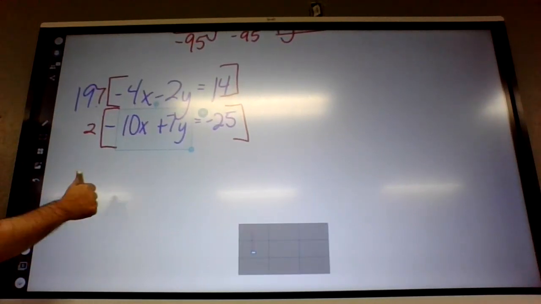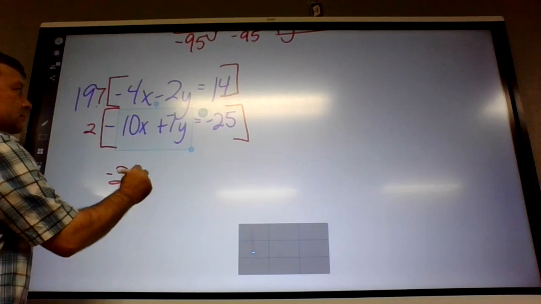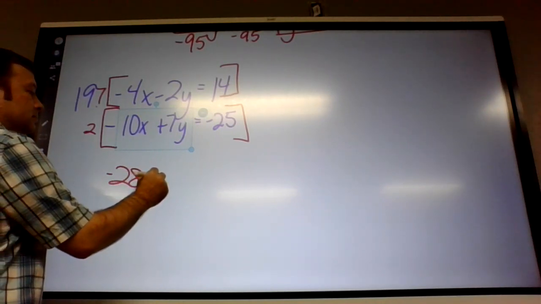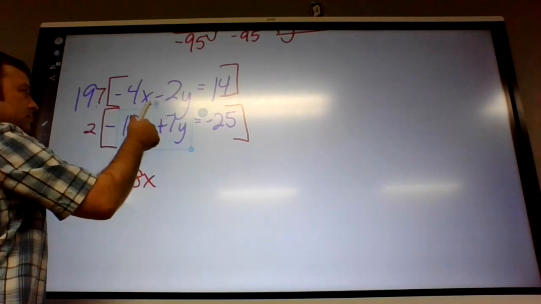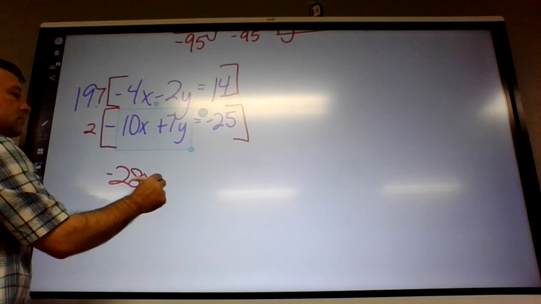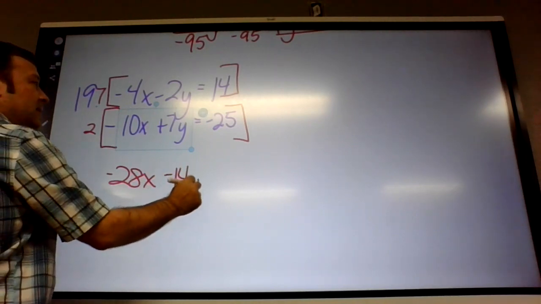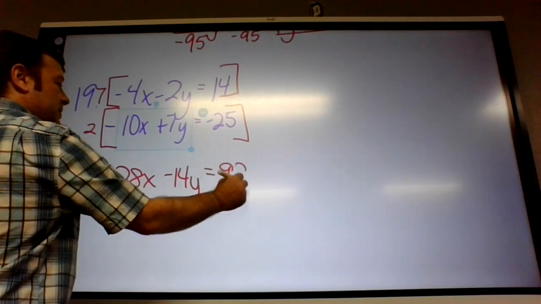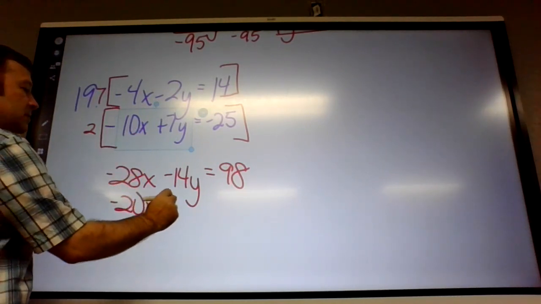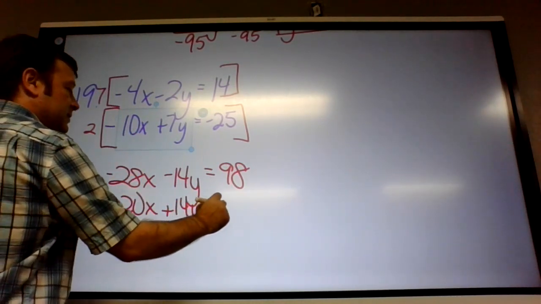So it'd be like -28x plus 14... wait, no, sorry. 14y is 98. My brain is recalibrating. Negative 20x plus 14y equals negative 15.